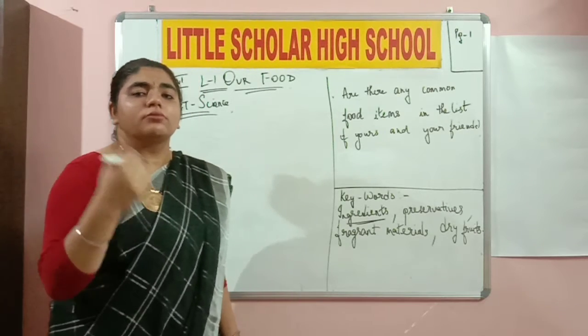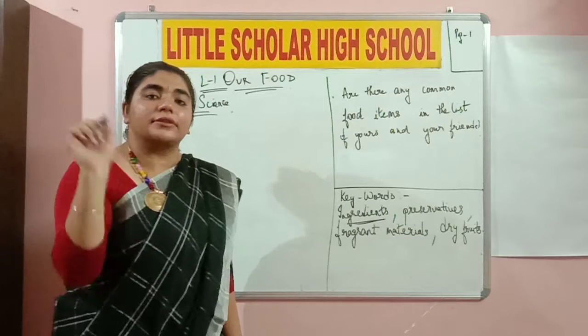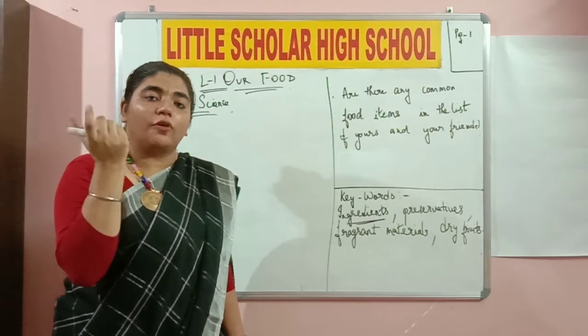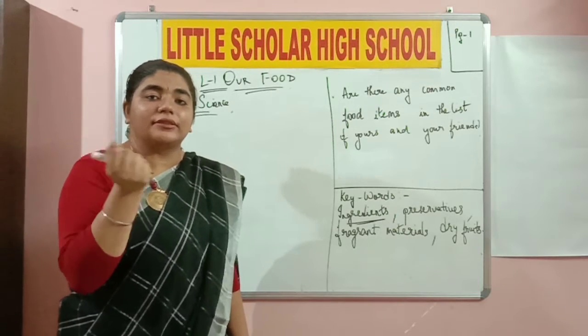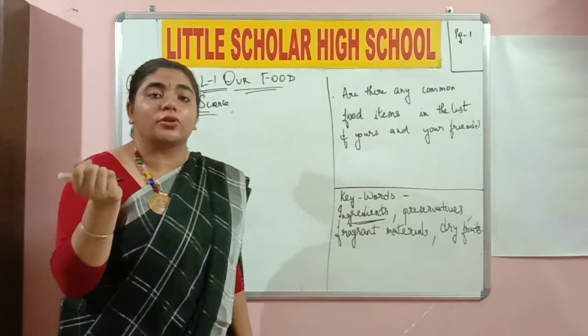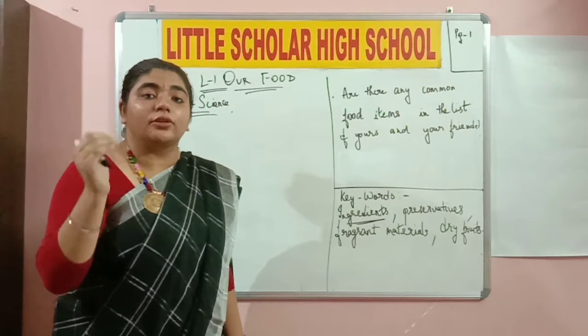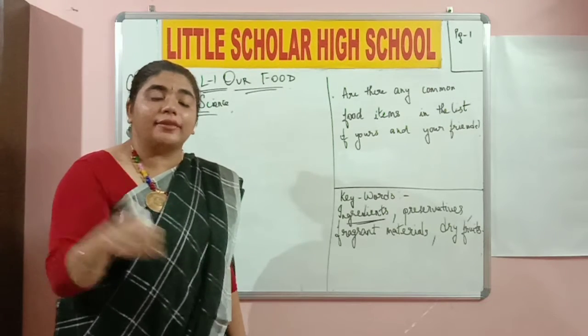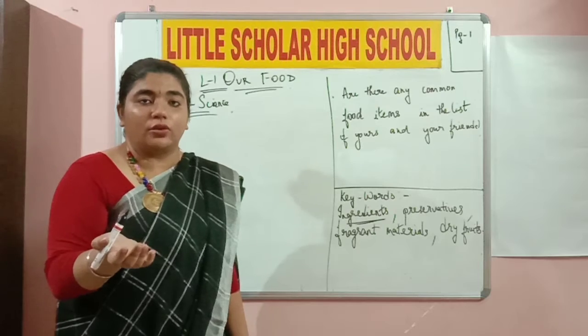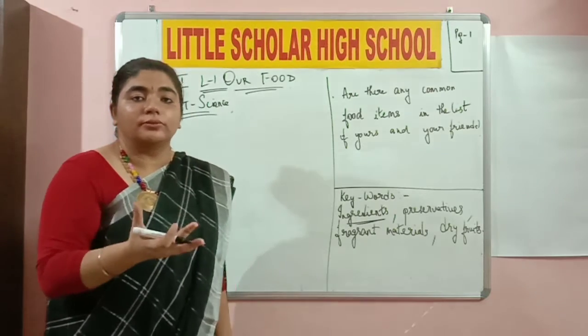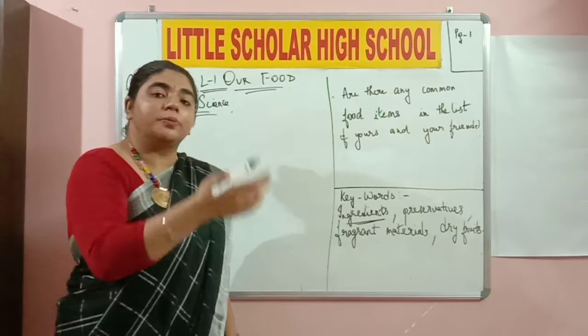All these materials that you see behind the cover of a biscuit packet, what are these? These are nothing but ingredients or materials or components which were taken to make that particular food item. So a particular food item will be made with the help of these materials.